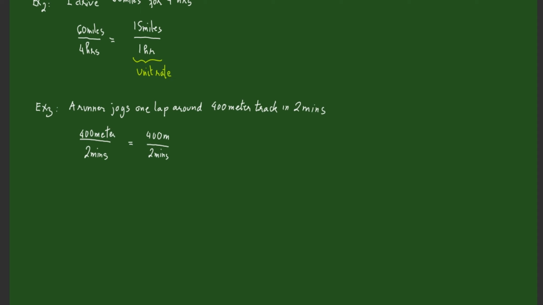You can convert it to a unit rate, so it will be 200 meters per 1 minute. Unit rate means the bottom must be 1. So for 1 minute he runs 200 meters. So I'm going to put over here, this is the unit rate.